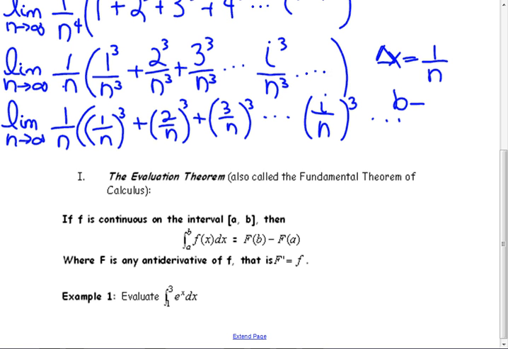Okay, guys? What this means is that the width of my rectangle is getting very tiny. That's 1 over 0, like you said. I'm sorry, 1 over infinity. That's 0. That's right. But these don't ever get there. The rectangles are infinitely thin.